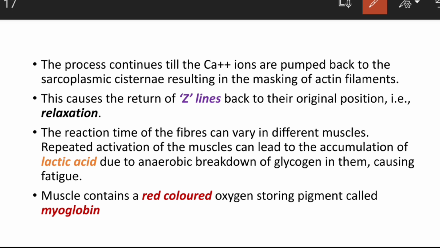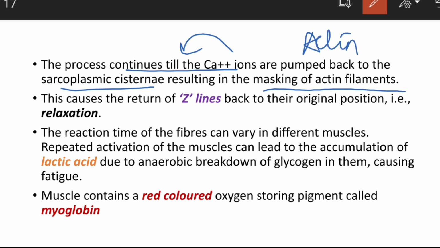The process continues till the calcium ion is pumped back to its sarcoplasmic cisternae, resulting in masking of the actin filament. So once this calcium is going back to its storehouse, that is called the sarcoplasmic reticulum, the masking of the actin will again take place, and the myosin head will not be able to bind with it.